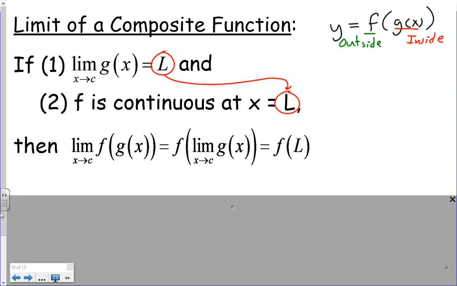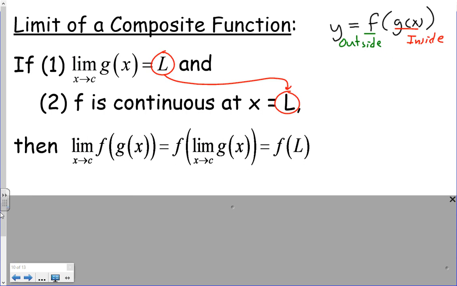In other words, you can take the limit of the inside function first and plug that result into function f. Up above, in the first condition, we called that limit L, so that's the same as just saying f of L. This turns out to be a very nice way to find a limit of a composite function, as long as you meet both conditions. That will be critical. You have to check for these two conditions first, then we can apply the theorem.